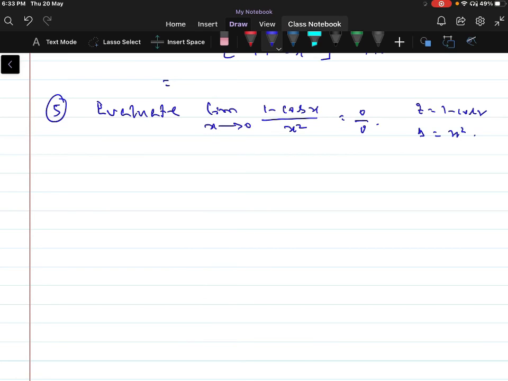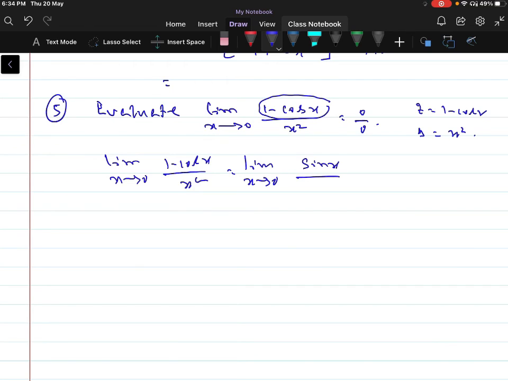So now let us apply L'Hopital's rule. The limit as x approaches 0 of (1 minus cos x) by x square can be written as the limit as x approaches 0, differentiating the numerator 1 minus cos x, so that is sin x, by the differentiation of x square, 2x. When x is equal to 0, again it is a 0 by 0 form. So let us apply once again L'Hopital's rule.